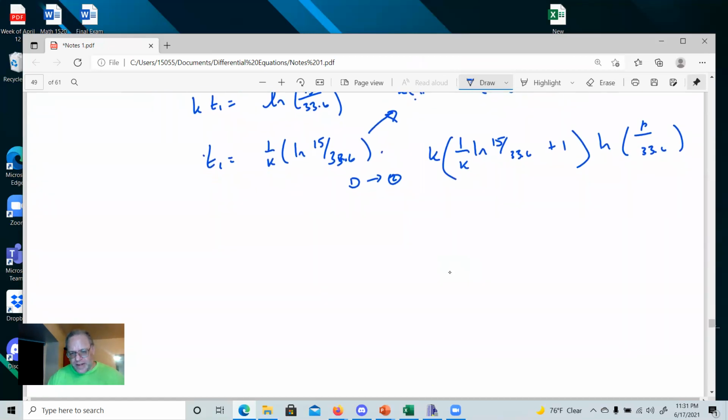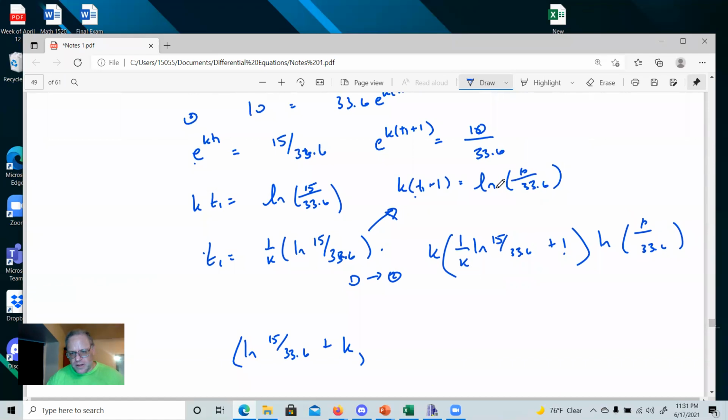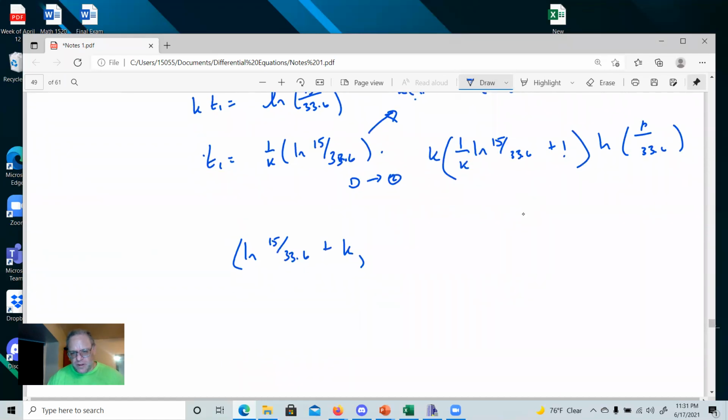The k's here cancel, so we have natural log of 15 over 33.6 plus k, and this equals natural log of 10 over 33.6.